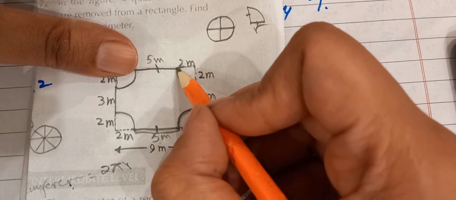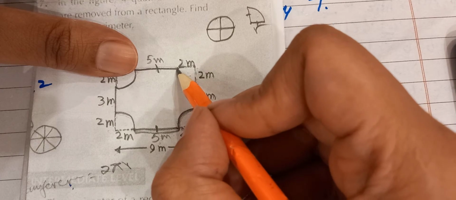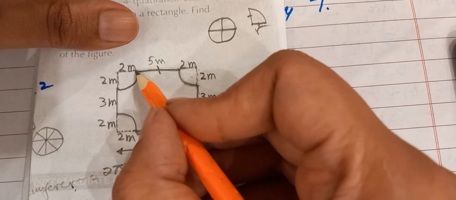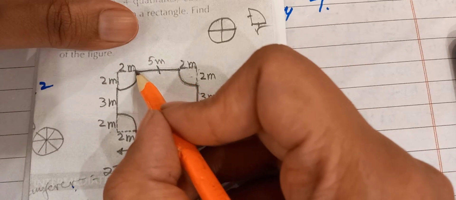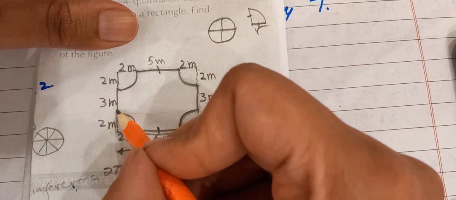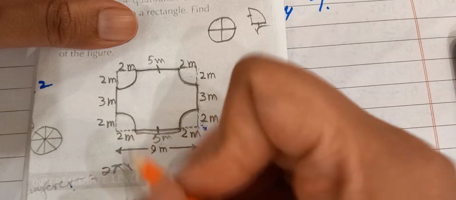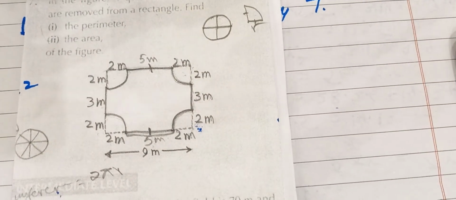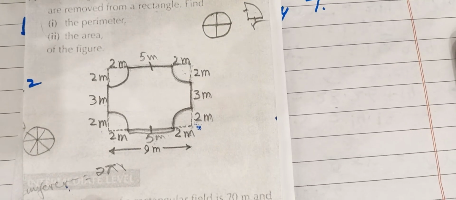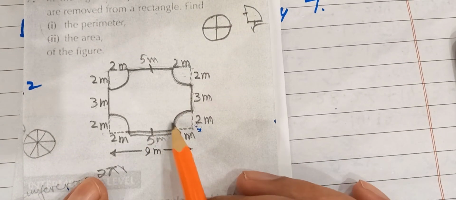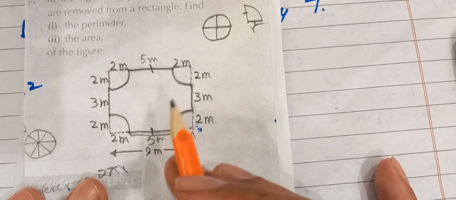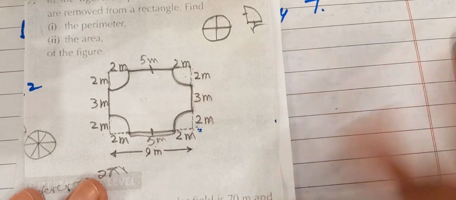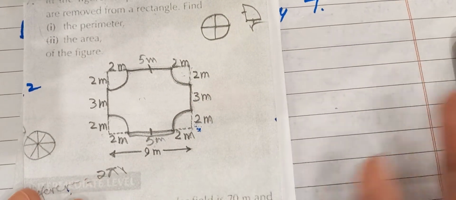Then this round part is again circumference, then this line. We shall add all of them together. This is again circumference plus this side plus this side. So I hope you have understood how we are going to find the perimeter. Perimeter is the sum of the outer parts of any shape. This is the shape, and this is the dotted line which we have drawn for our convenience.